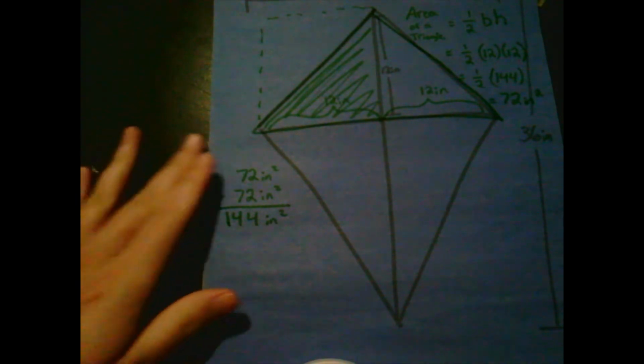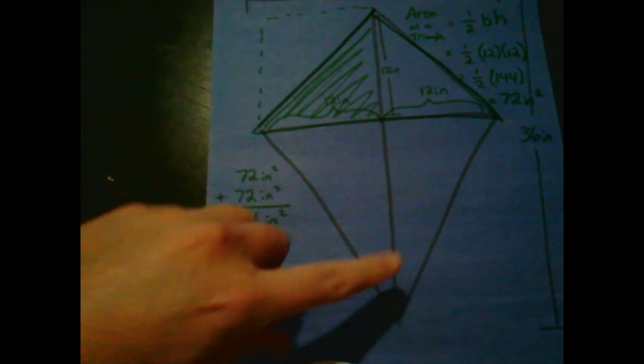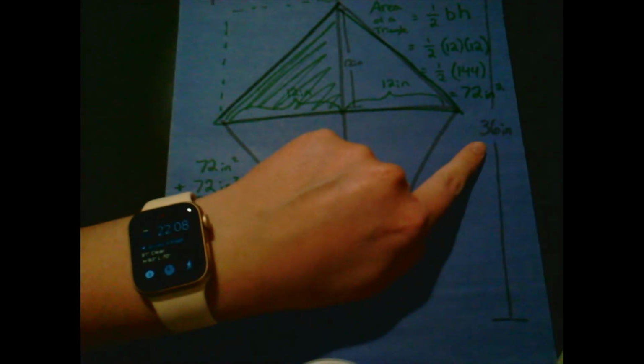Alright, so we already know that the height of the entire kite is going to be 36 inches. We also know that this portion right here is 12 inches. So if the entire thing is 36 and this portion is 12, how would we find out this portion? We would subtract, right?